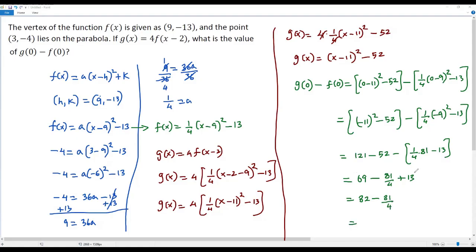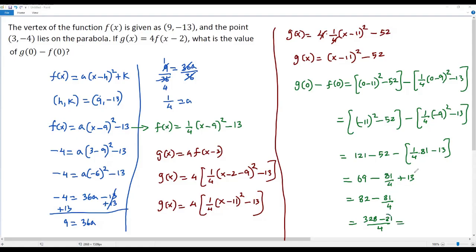Okay, here we do subtraction between an integer and a fraction. Whenever I want to do addition or subtraction between a fraction and an integer, I have to multiply the integer by the denominator of the fraction. Once I am done with this multiplication, I can take this 4 as a common denominator. So 82 times 4 is 328, minus 81 over 4.